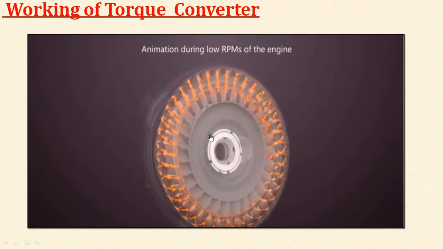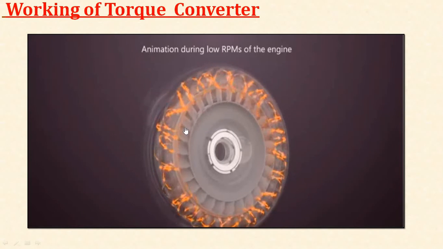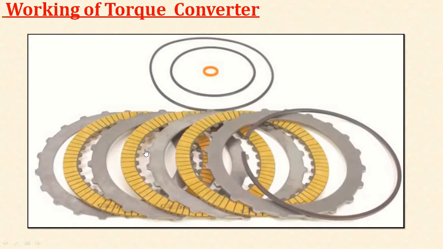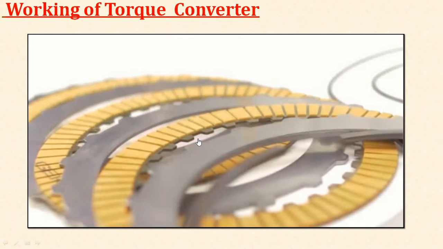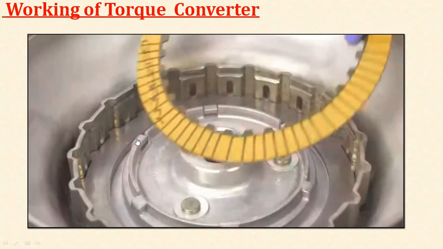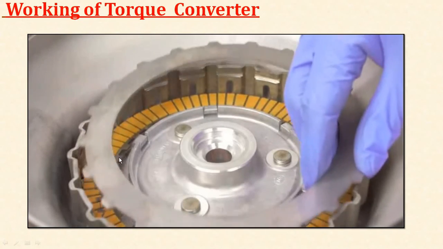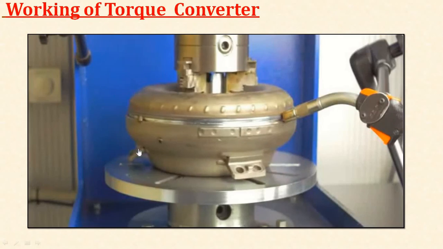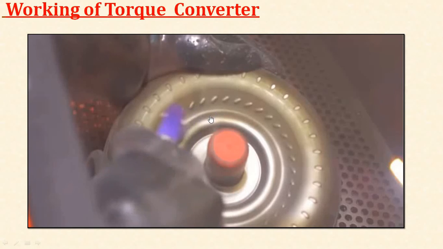In the animation, during low engine RPM, it continuously rotates the fluid of specific viscosity, with plastic and metal rings. For a good quality torque converter, we use the numbers of parts and balanced portions, and they are checked initially during assembly.